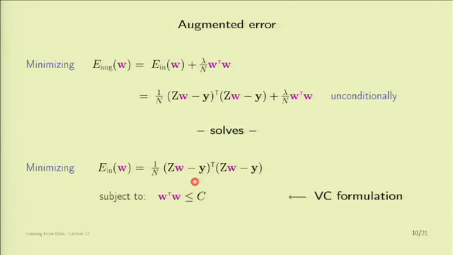And that correspondence between a constrained version, which is the pure form of regularization as stated, and an augmented error, which doesn't put a constraint but adds a term that captures the constraint in a soft form, is the justification of regularization in terms of generalization as far as VC analysis is concerned. And it's true for any regularizer you use. We are just giving here an example for this particular type of regularizer.